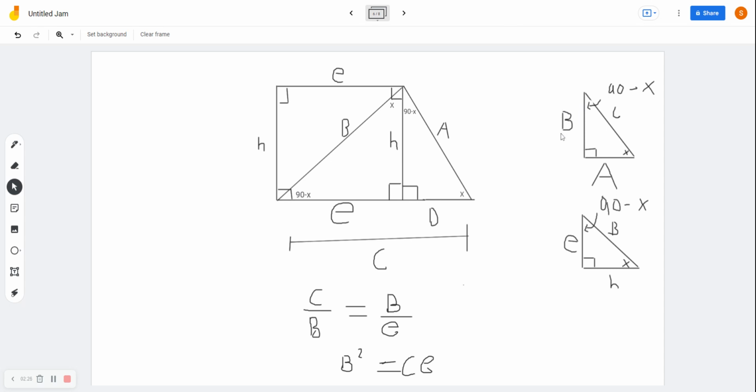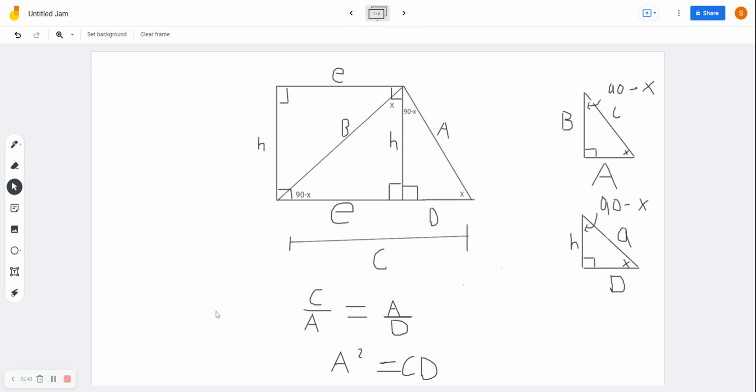We know that this equals b, and then this is c, this is a. B would be between the 90 minus x and the right triangle, and e is between the 90 minus x and the right triangle, so we can set that up. And then we know the c and the b are both hypotenuses.